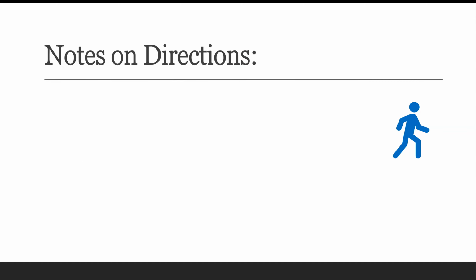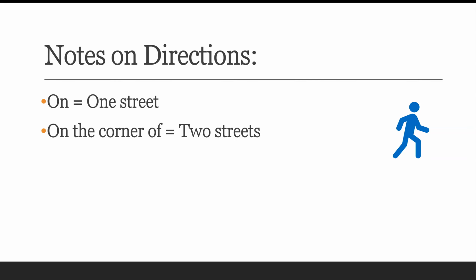Okay, so let's give you some notes on these directions. It's everything I said, but you can write these down in case you need help. So when we use on, we're usually talking about one street, the name of one street. On the corner of is for two streets or an intersection. On the corner of. And yes, you need the four words. If you just say on the corner and you forget of, it's not complete.